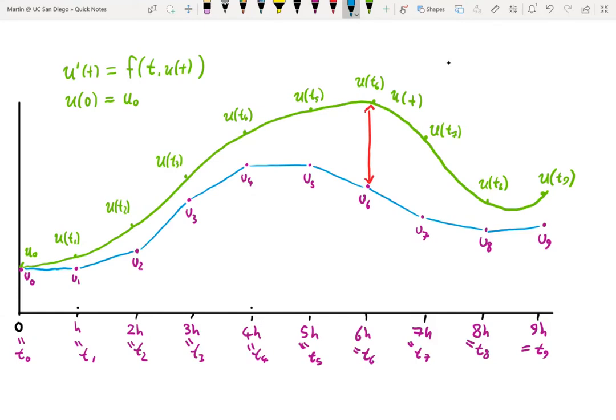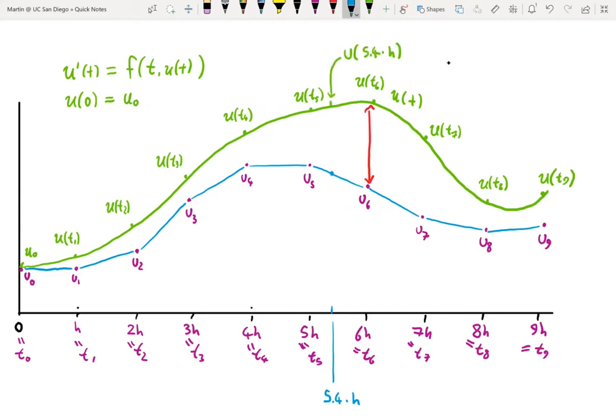The blue curve here is composed of line segments, and it defines a piecewise linear approximation of the function u. Now let's suppose I want to have an approximation of u at some time that lies between two time steps. For example, we can take the linear interpolation to get a value at time 5.4h in between t5 and t6, and use that value as an approximation of u at time 5.4h.